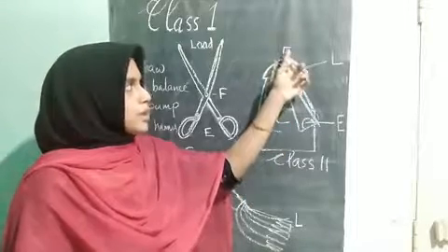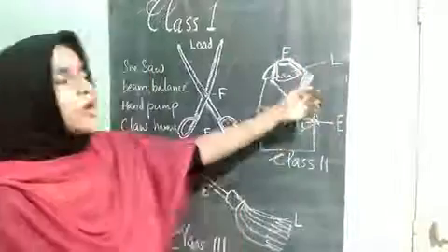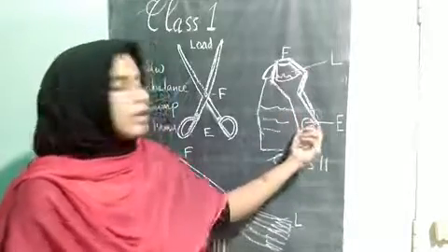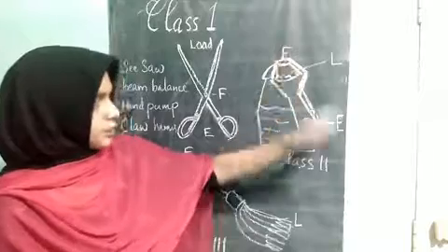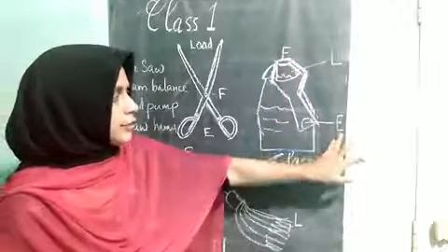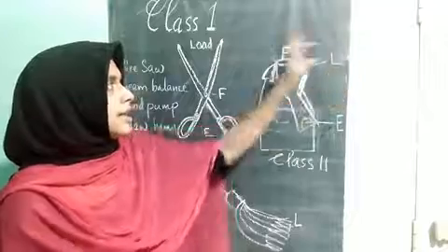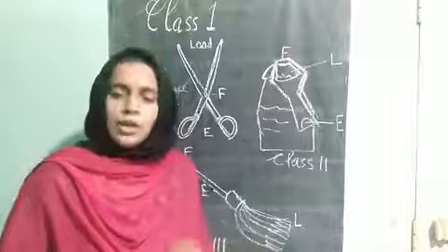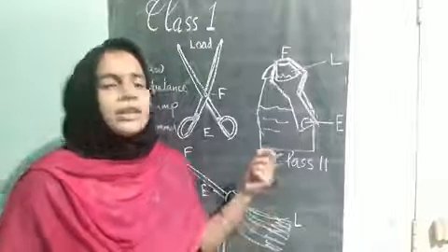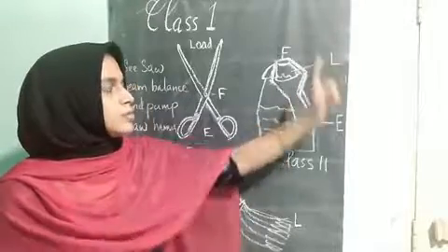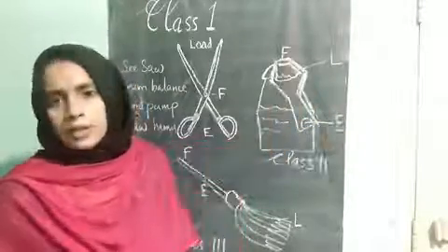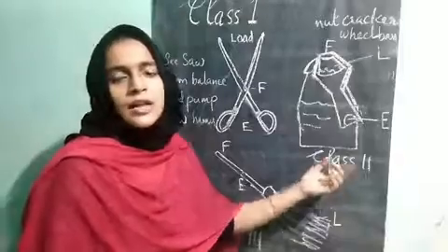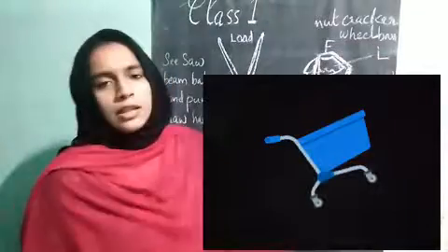So the load will be on the lid of the bottle, and the effort will be on the hand. Here I have marked effort as E, load as L and fulcrum as F. So in a class 2 lever, the load lies between the effort and the fulcrum. Is that clear, children? Examples of class 2 lever are nutcracker and wheelbarrow.